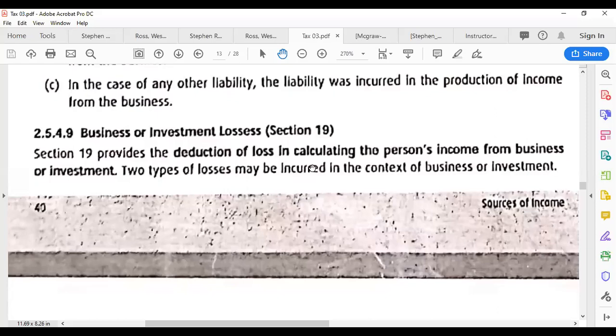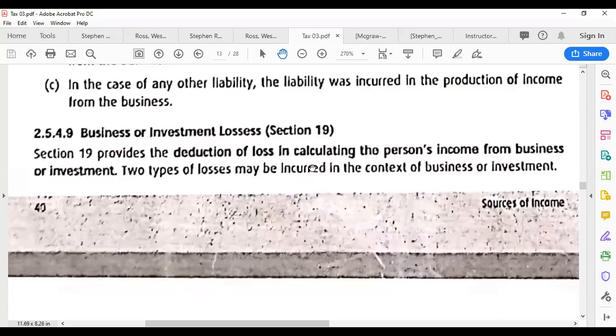If they face losses, what is the treatment for that? If we earn income or profit, we have to pay tax. So in case of losses in that business, yes, we can deduct from the tax payable to the government. We can deduct those losses from our profit.